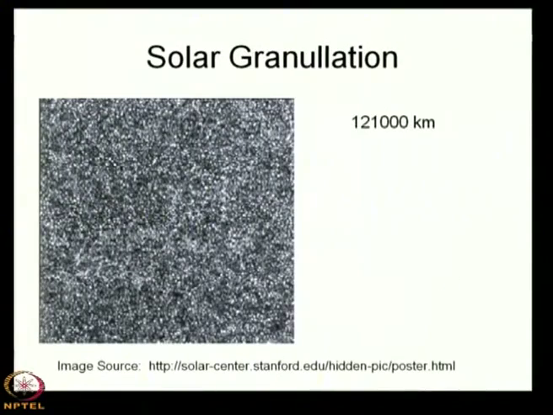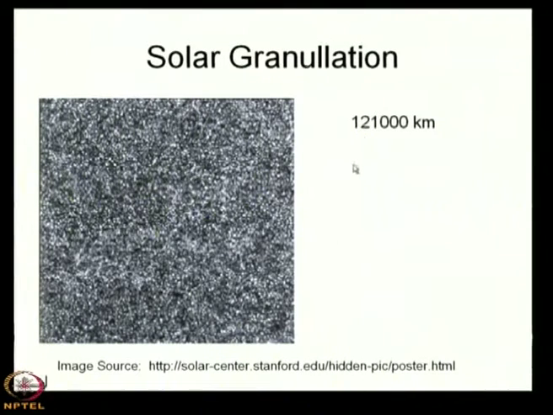This is a picture of the solar surface, and you see these granules, this granular structure on the surface. This picture is an extremely large region. In absolute terms, it is 121,000 kilometers across, this side and this side.